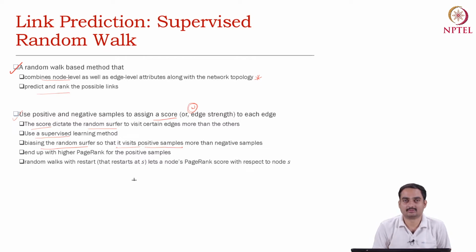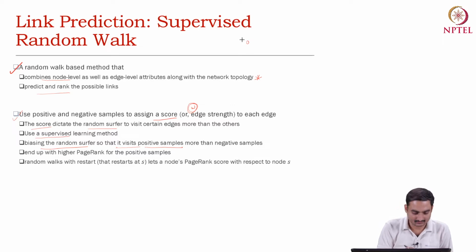What do we mean by positive samples? Positive samples are those nodes which are already connected to a given node. For example, you are standing on a particular node U and you know that U is connected to W, V, X, but it is not connected to A, B, C. So W, V, X are the positive nodes and the other nodes are negative nodes.